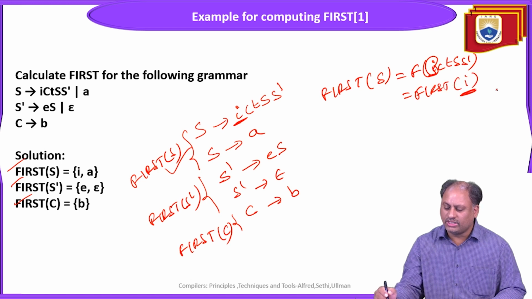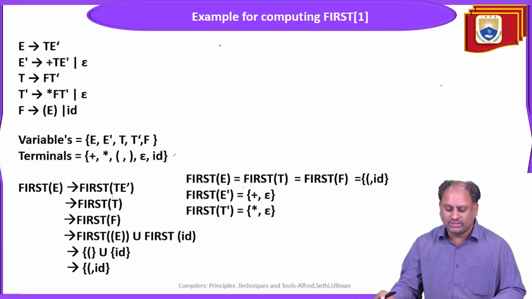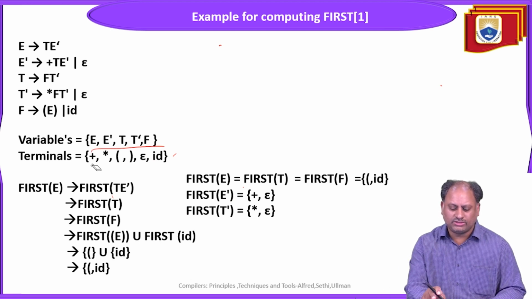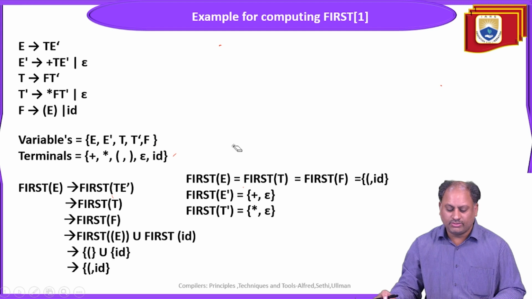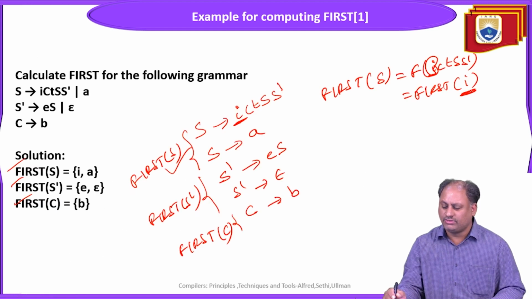So here what is i? Is it a variable or terminal? As we have listed out the cases, it is a terminal, so we take the result as terminal. If it is a non-terminal, then we have to calculate once again where it appears.